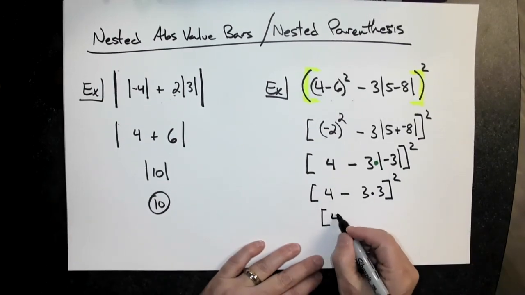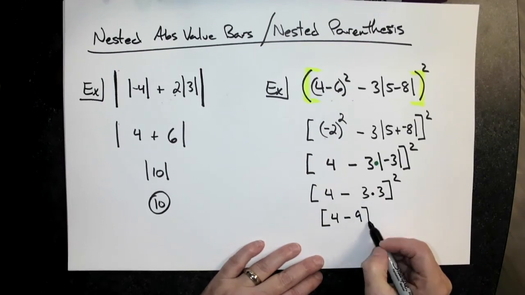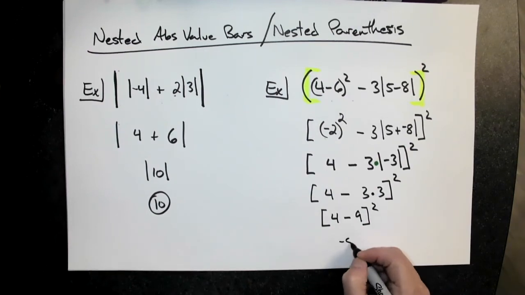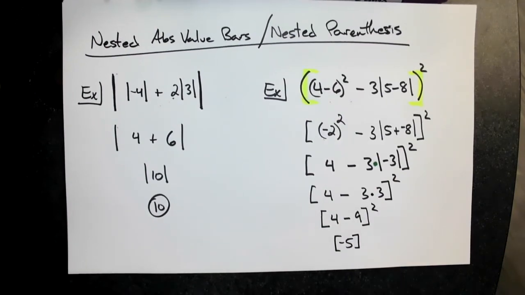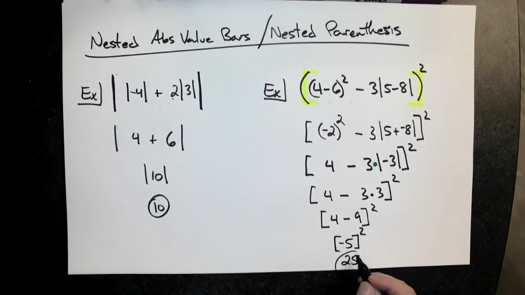Again, showing every line of work, which is what I'm doing right now. 3 times 3 is 9. Again, subtraction, 4 minus 9 is going to give me a -5 inside there. And it's okay that I have the square brackets, and I want square brackets all the way down. That's fine. When I square -5, I get a 25.